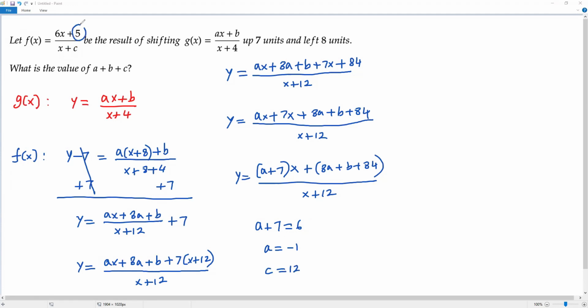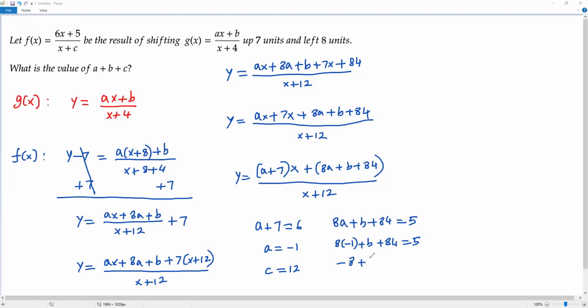And the constant over here is 5. Here we have the constant 8a + b + 84. So 8a + b + 84 = 5. Already we have the value of a, that is -1. We can plug in -1 for a over here. Then we get 8 times -1 + b + 84 = 5.